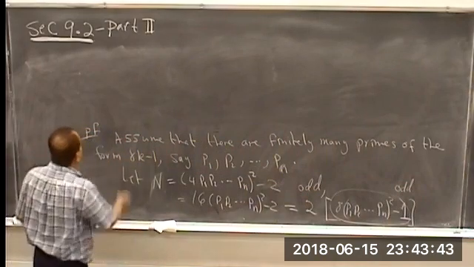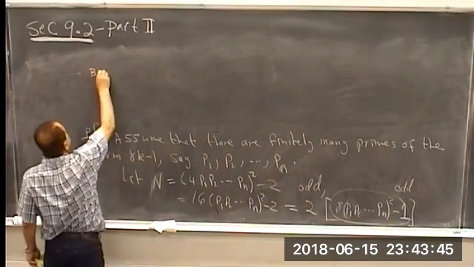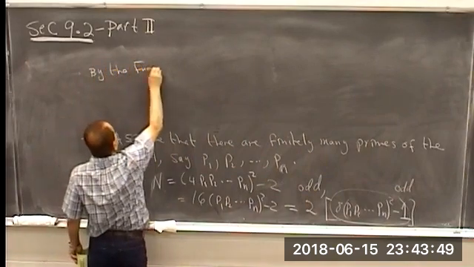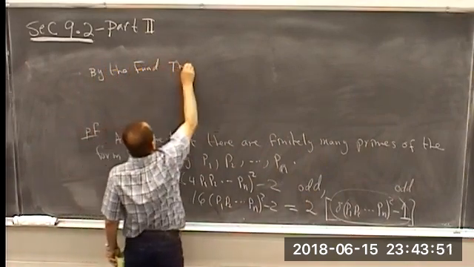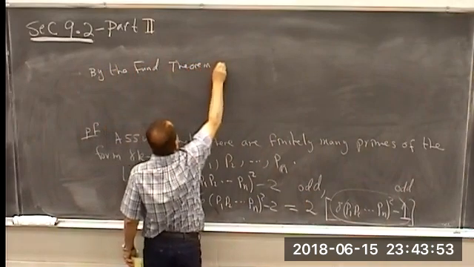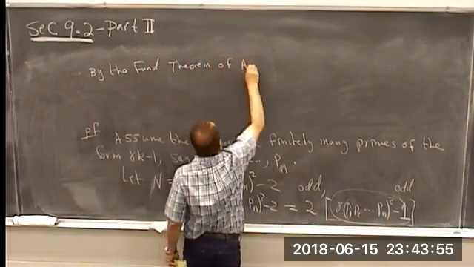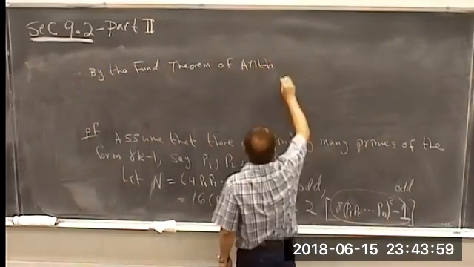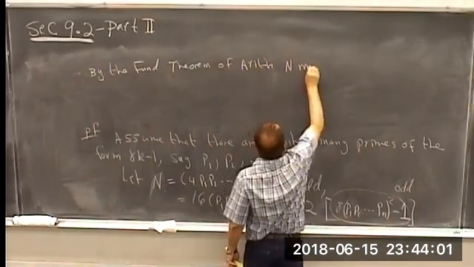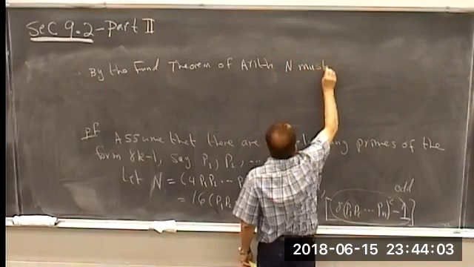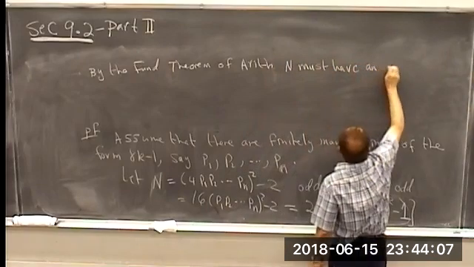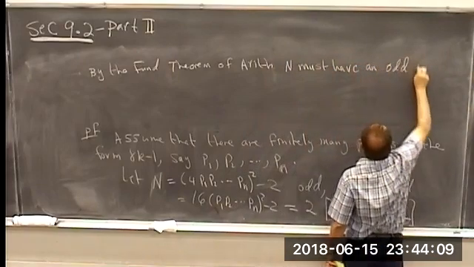So by the fundamental theorem of arithmetic, N must have an odd prime factor.